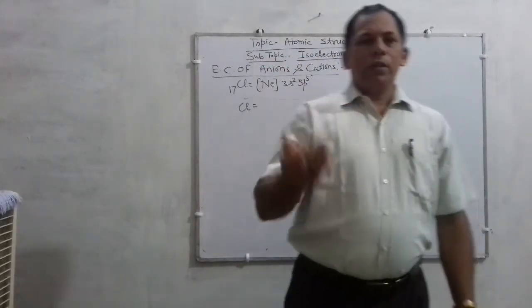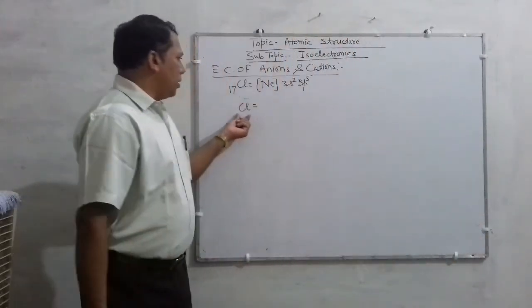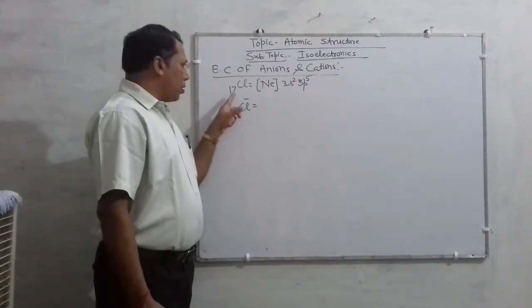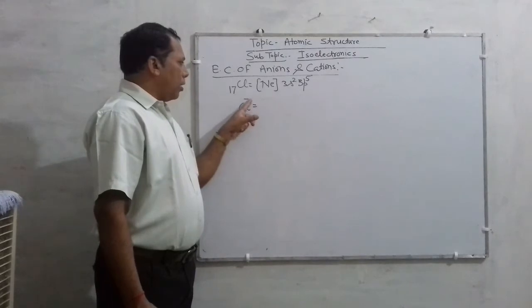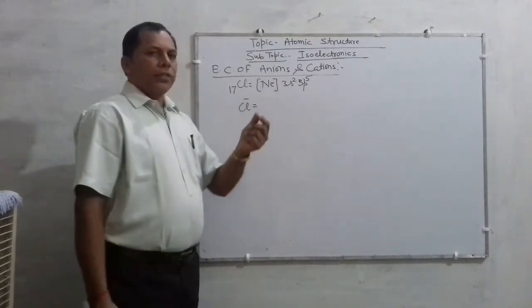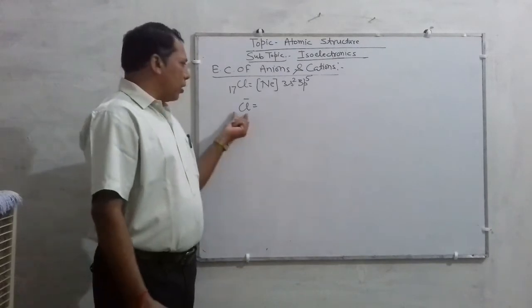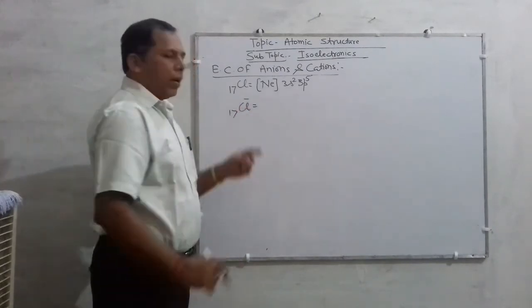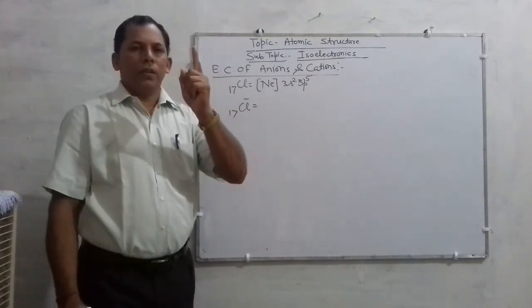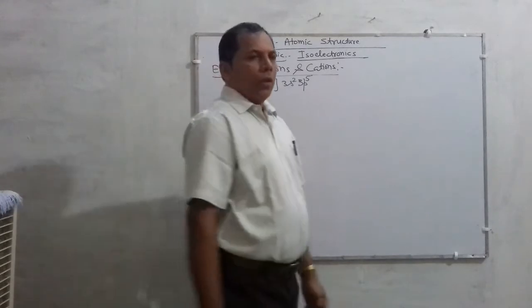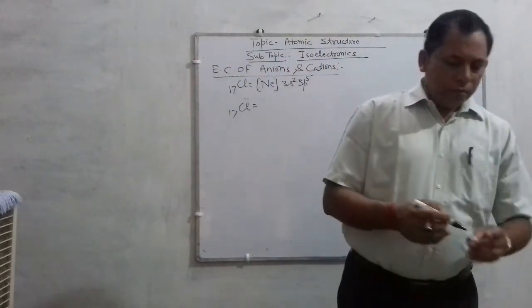Chlorine, 17, is in the neutral state, and one negative charge means it has gained one electron, so the total number of electrons in Cl minus becomes 18.